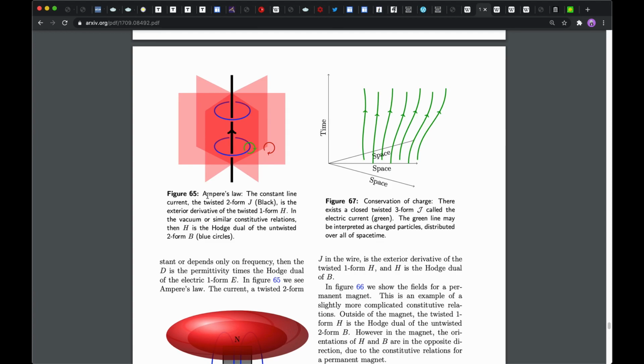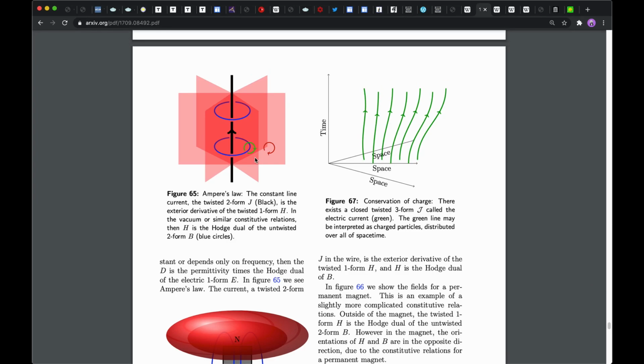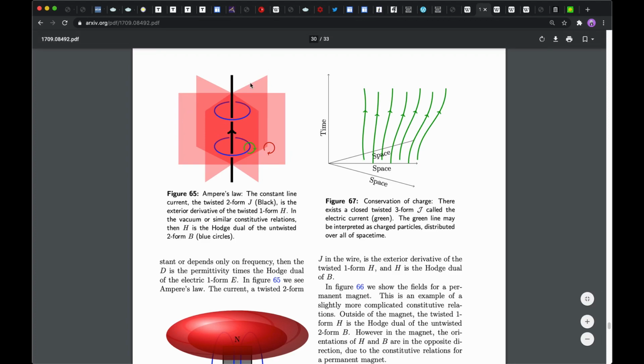The exterior derivative of the one-form H should be equal to that J current, which basically means that we have a lot of those H surfaces intersecting over that current, and therefore we obtain something like a lot of red planes self-intersecting over J here.